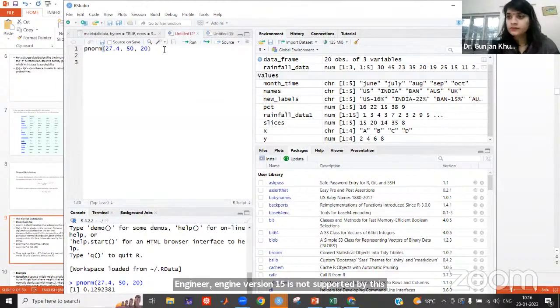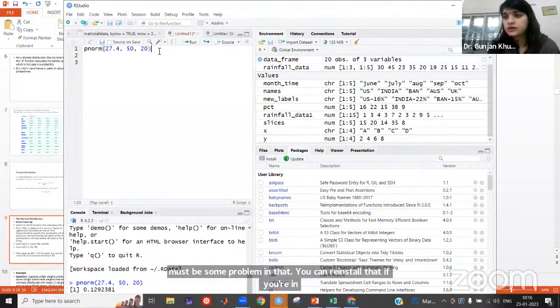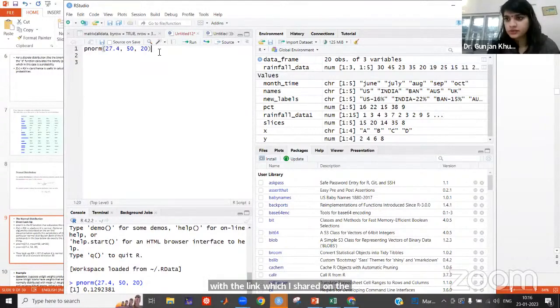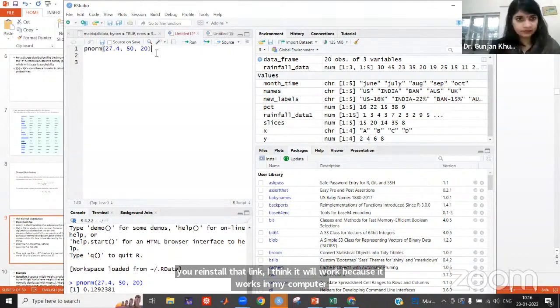The plot tab will be disabled until a newer version of R Studio is installed. Okay, so might be the link with which you installed, there must be some problem in that. You can reinstall that. If you reinstall Okay, with ma'am. the link which I shared on the presentation, I have shared a link. If you Yes, ma'am. reinstall Yes, ma'am. through that link, I think it will work because it works in my computer. Okay, ma'am. Thank you. Okay.